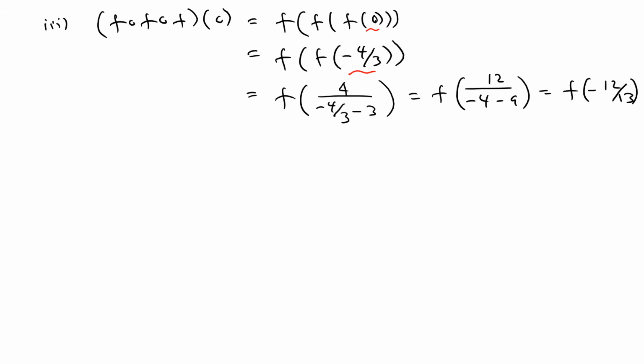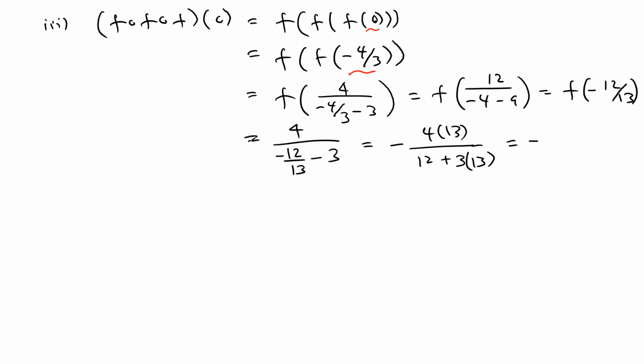So we're going to plug that value into the function again. So that means it is 4 over negative 12 over 13, minus 3. And then you can multiply by 13 the top and bottom. So you get negative 4 times 13, and from the bottom you get negative 12, and then minus 39 when you multiply. Now you just need to simplify.